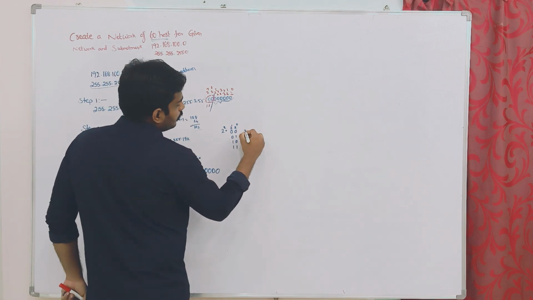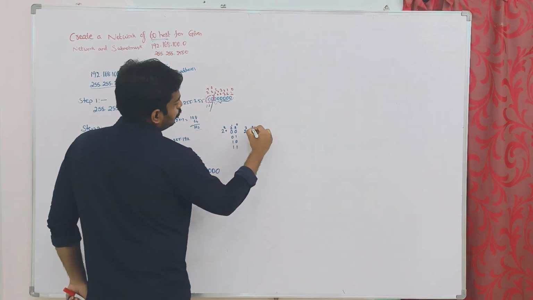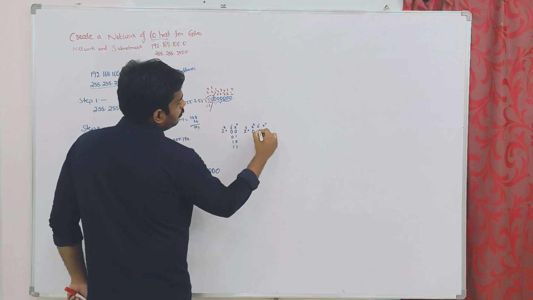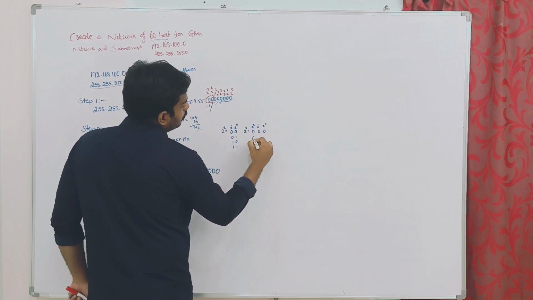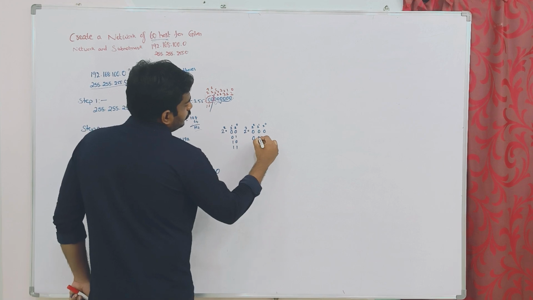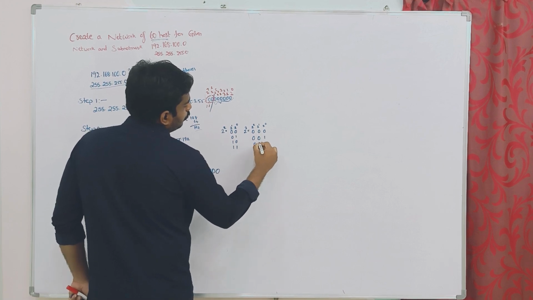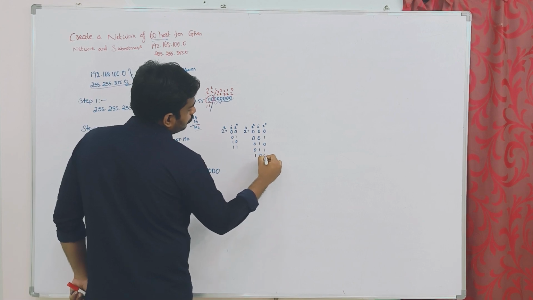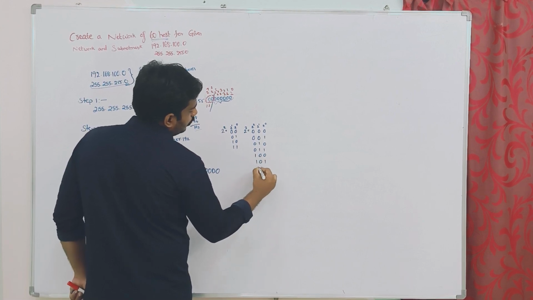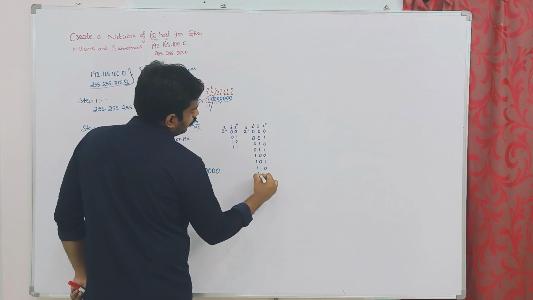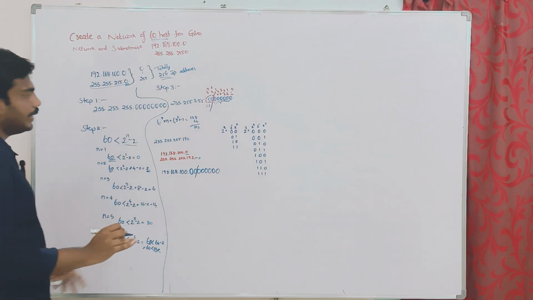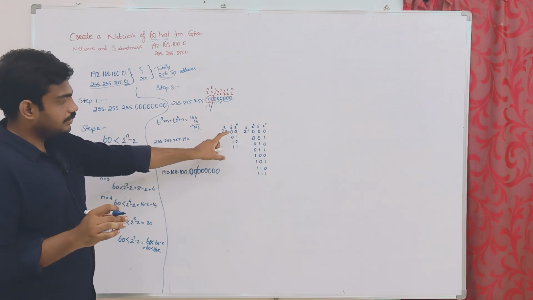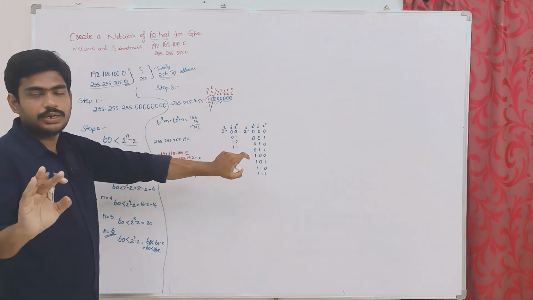In the same way, for 2 power 3, 2 power 2, 2 power 1, 2 power 0, we get all the combinations from 0000 to 1111. Okay, now what conclusion will we get by using this?